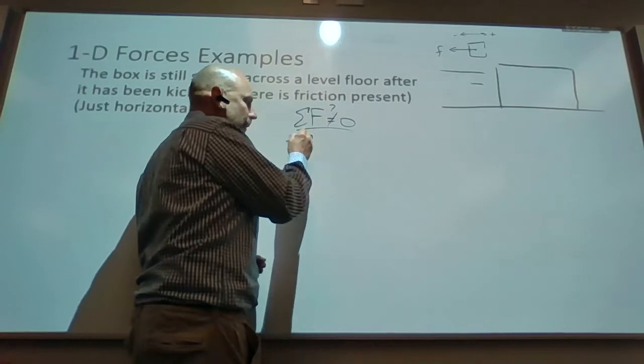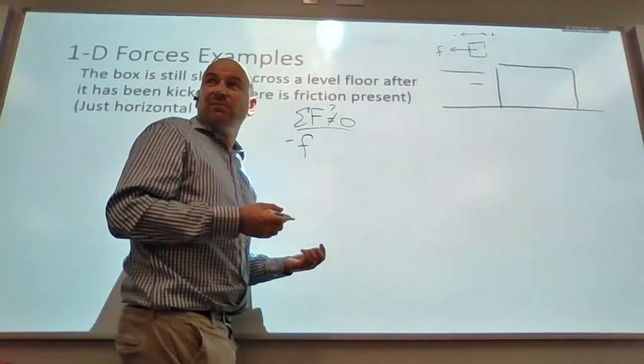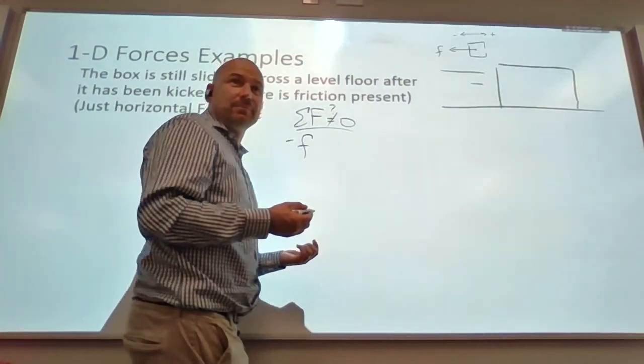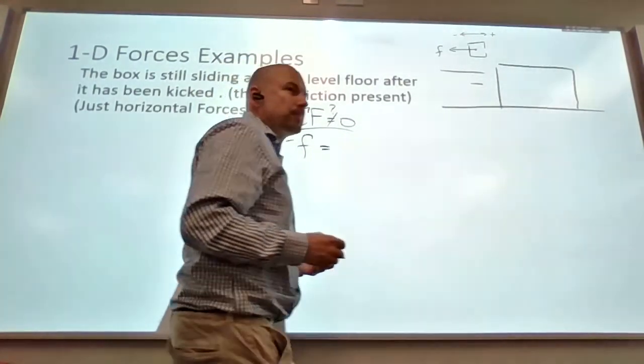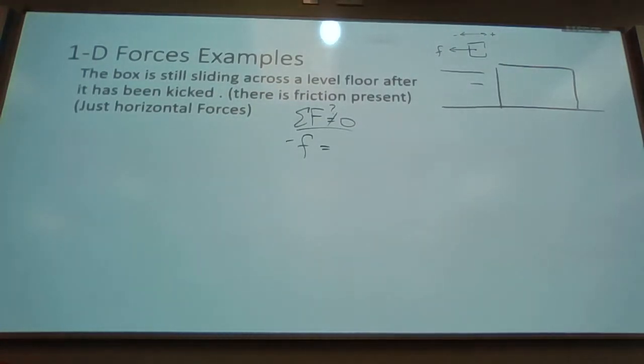Friction, negative direction. Plus 0. No other forces. That's it. Okay. So if it's not equal to 0, what do we set it up equal to? Mass times acceleration.